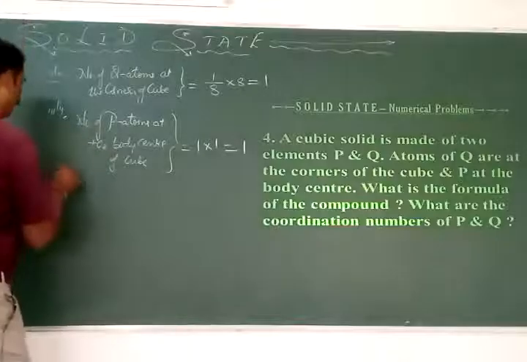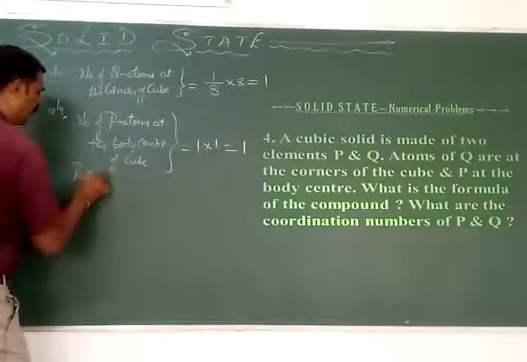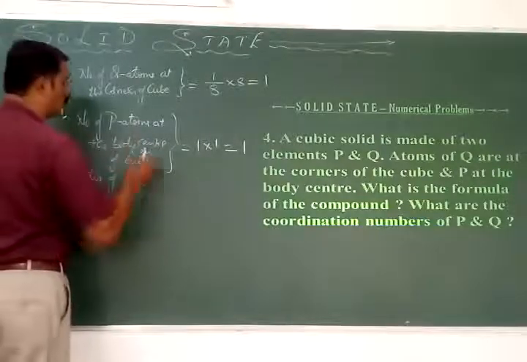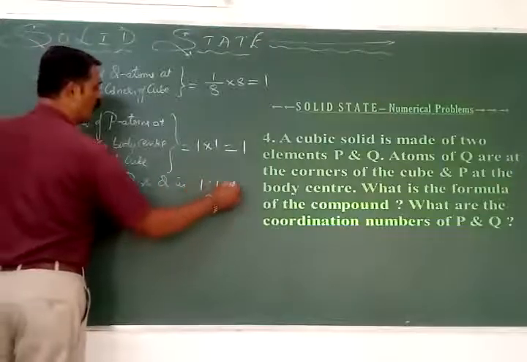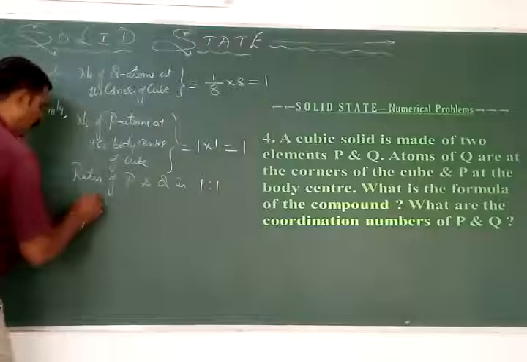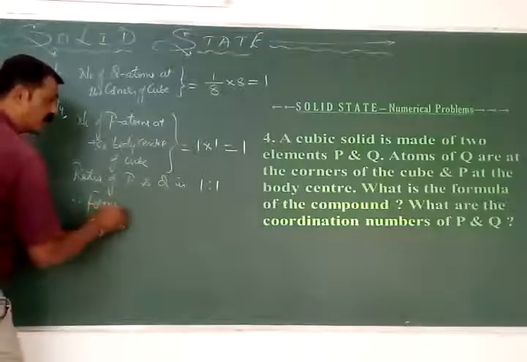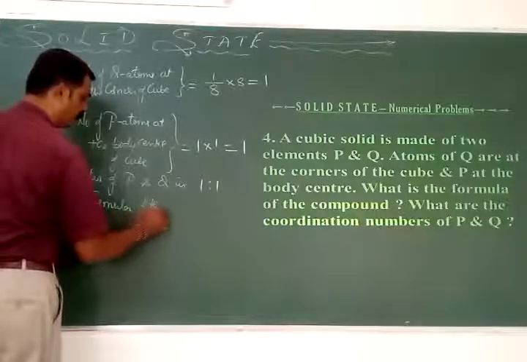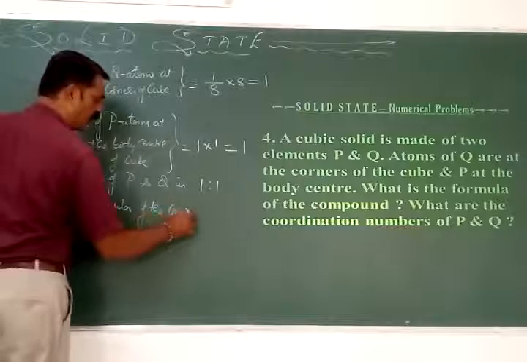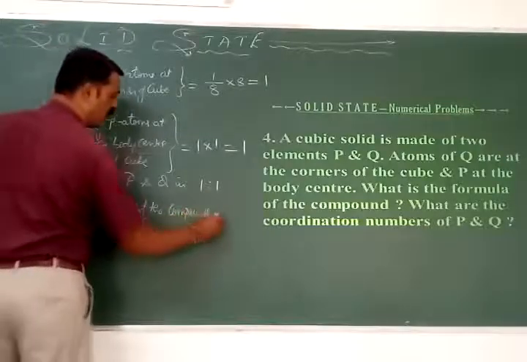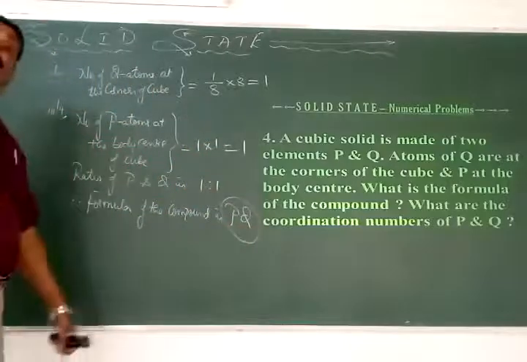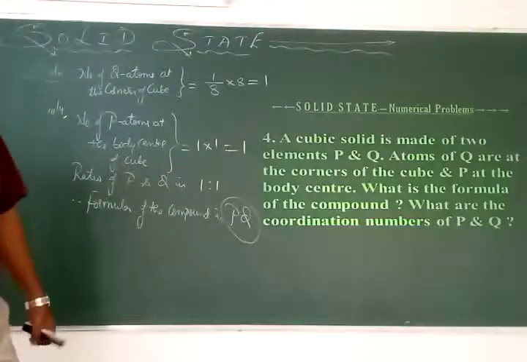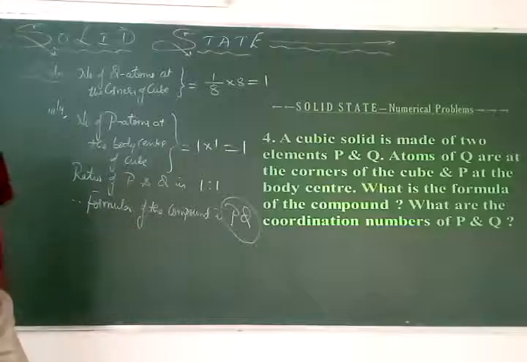Therefore, the ratio of P and Q is 1:1. Therefore, the formula of the compound is PQ. Why? Because one P and one Q. Therefore, the formula of the compound is just PQ. Okay, PQ.